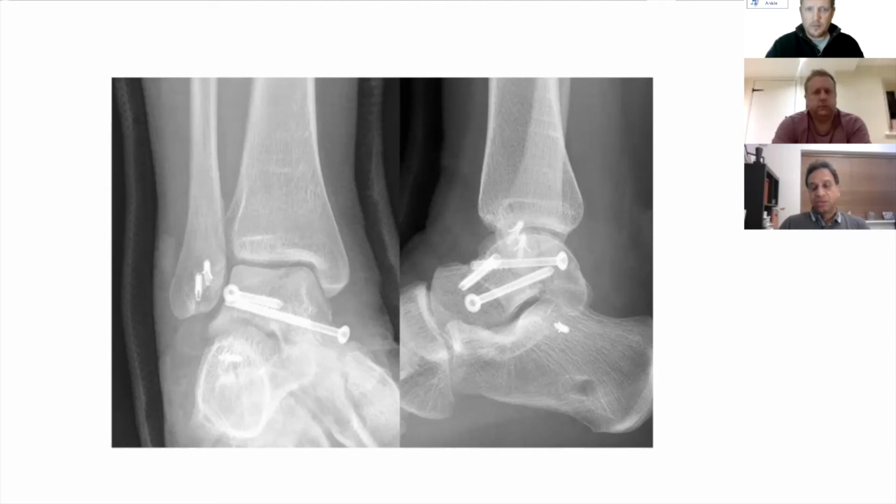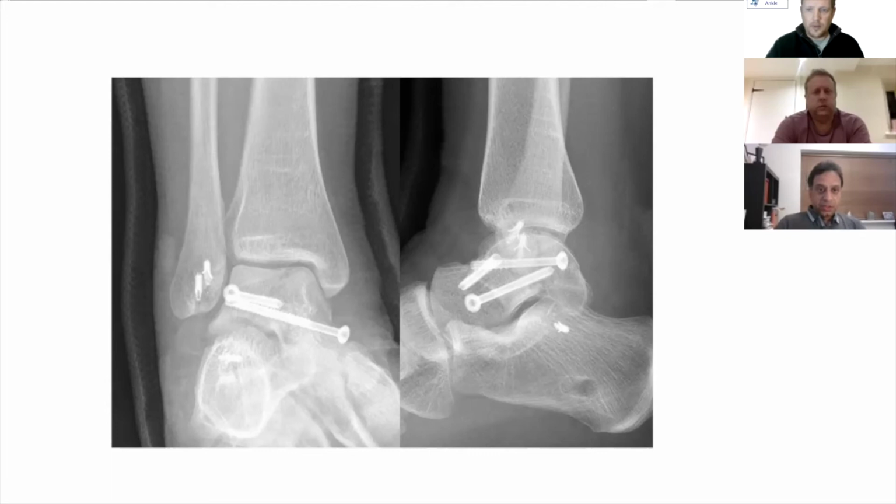So having reduced it reasonably well, I would think, and fixed it with some screws, I repaired the ligaments back, and I tested the ankle on table, and it tested pretty stable. So I was reassured that I had not left a young patient with an unstable ankle there.